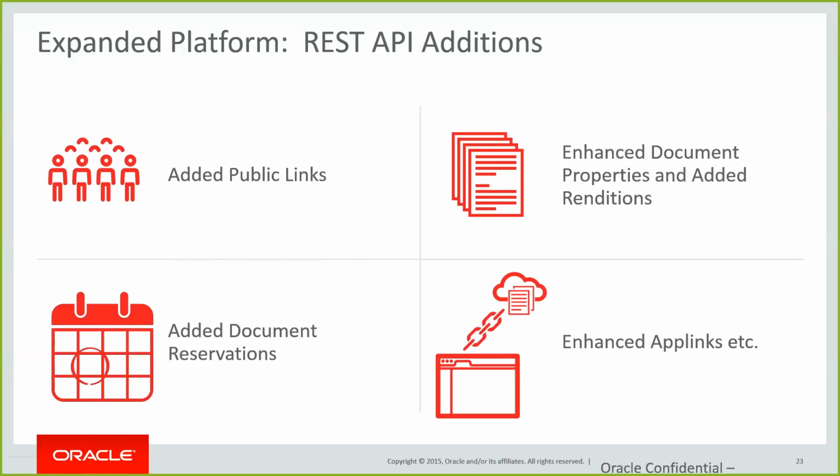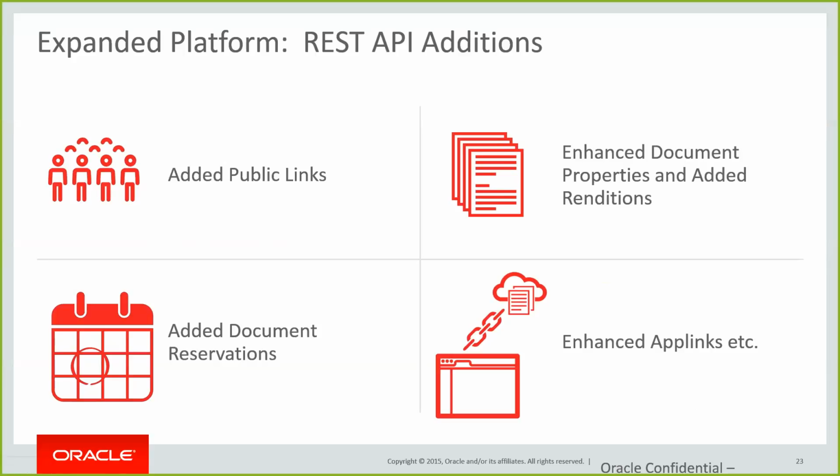We modified the REST services that are handling files and folders to bring more properties, and we also added the capability of renditions, so we can create renditions like we are doing in the web UI. When we are viewing a document, we can create different types of renditions. You will see that a bit later, using REST APIs, using REST services.